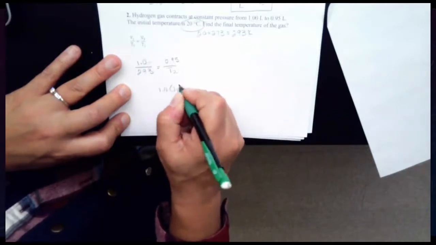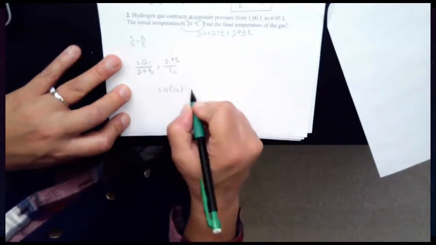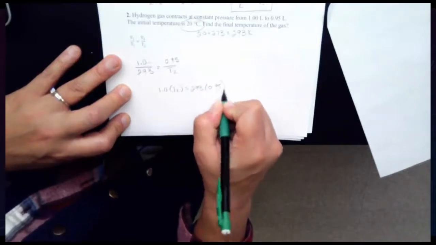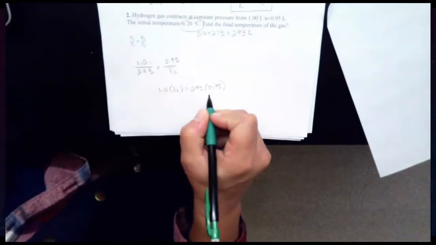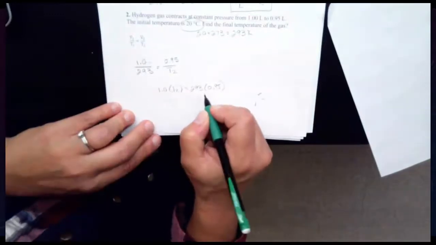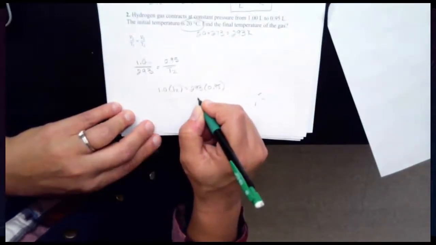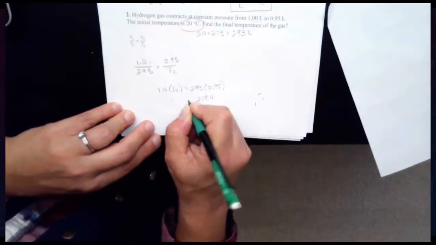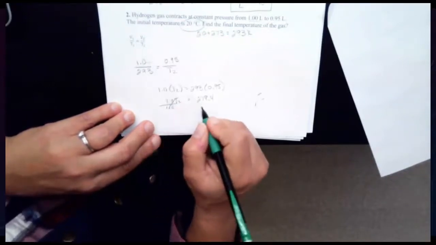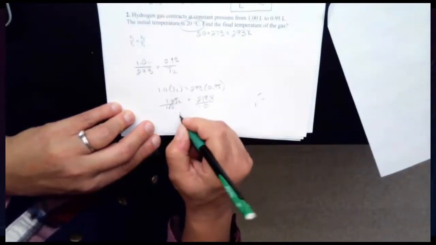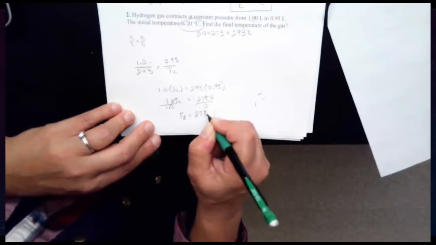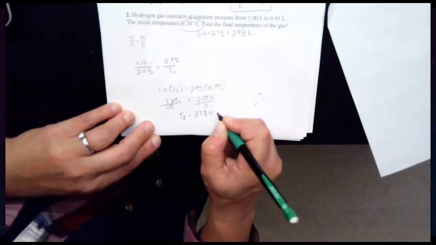So cross multiply, 1.0 times temperature final equals 293 times 0.95. Multiply these across. So take 293 times 0.95. That's going to give you 278.4. Divide by 1.0. And your temperature final is going to be 278.4 Kelvin.